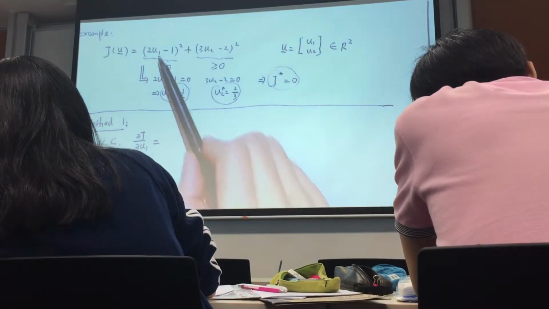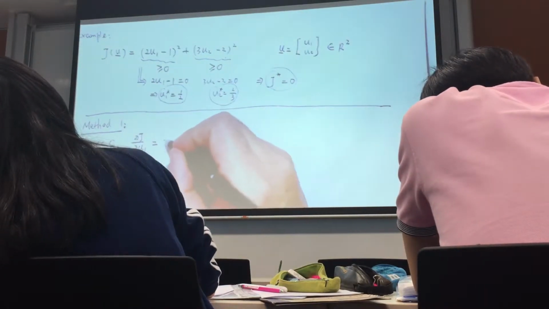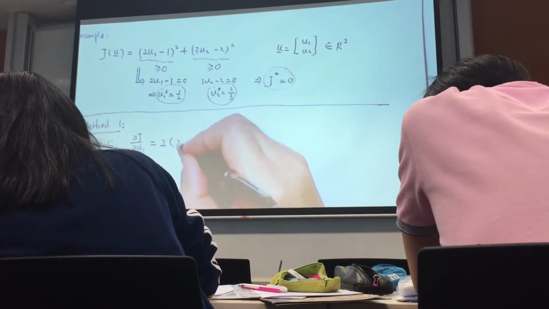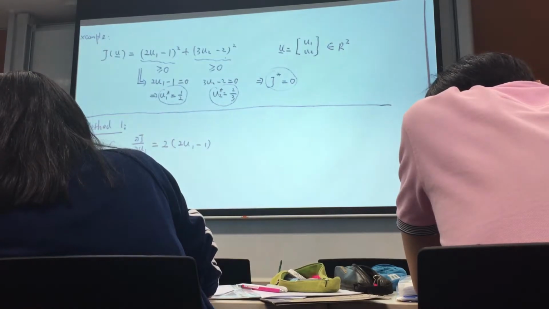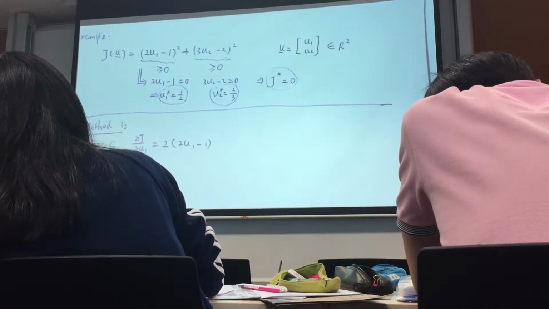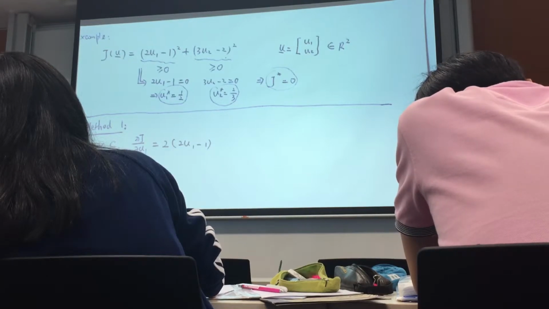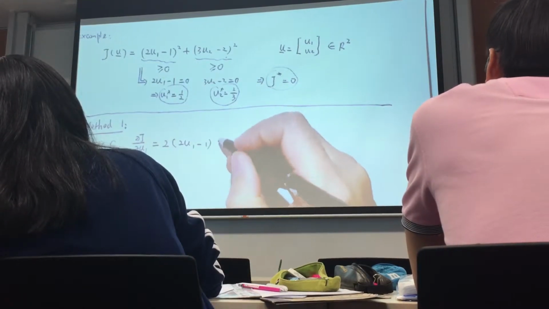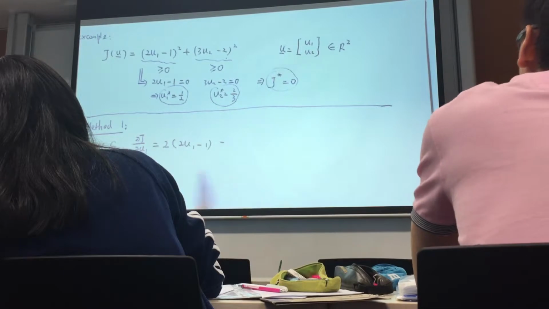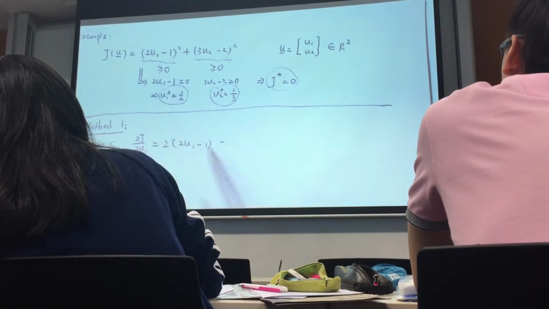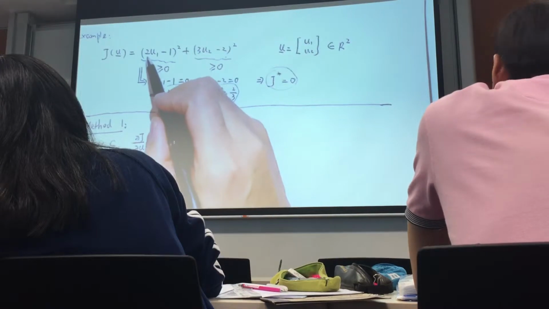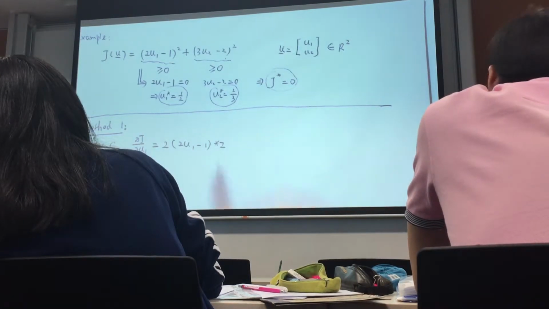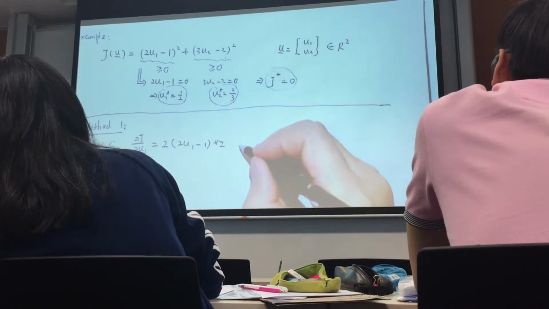For this one, the 2 moves to the front, so 2 multiplied by (2u1 minus 1), and remember you have another 2 here, but it makes no difference to the solution because it equals 0.